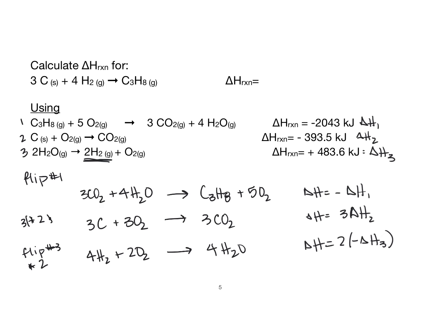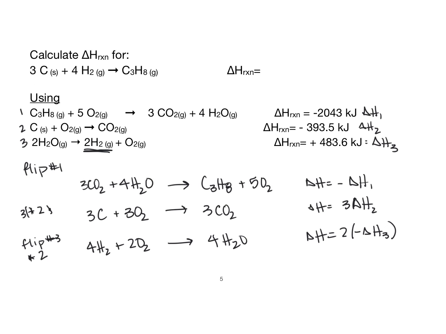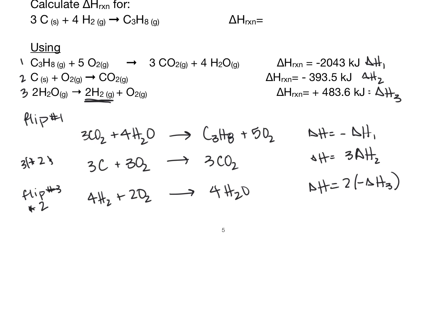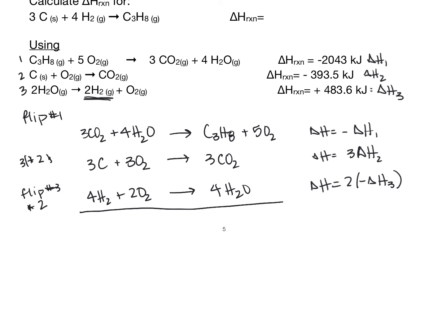So now we need to make sure that all of the things that are not present in the final equation cancel out. So I'm going to sum this up. You'll notice that I tried to line up all of my equation arrows so we can have 3 CO2 plus 4H2O plus 3C plus, I'm going to sum these 2 oxygens together, that'll give me 5O2 plus 4H2.